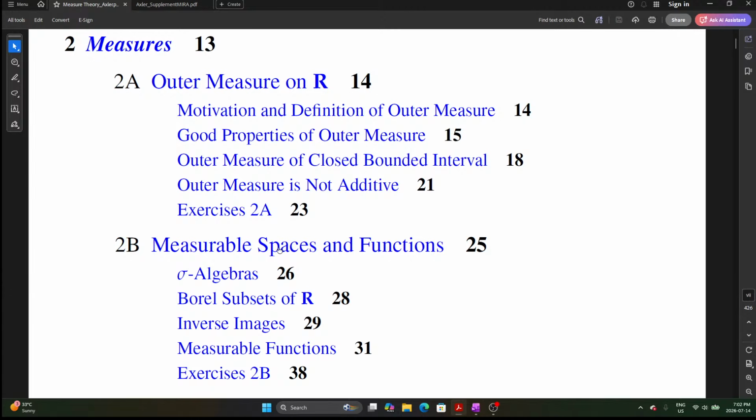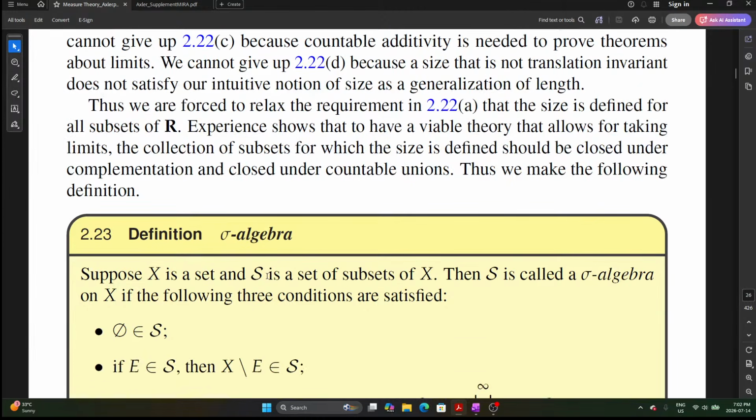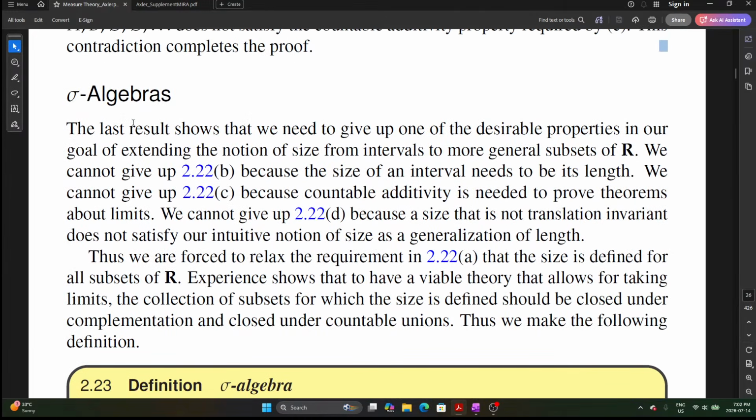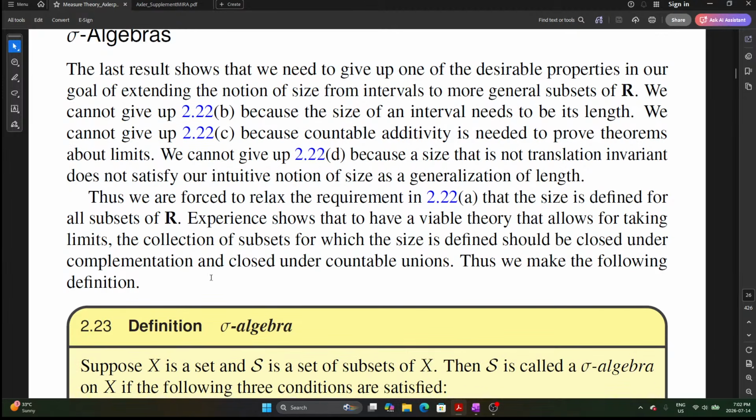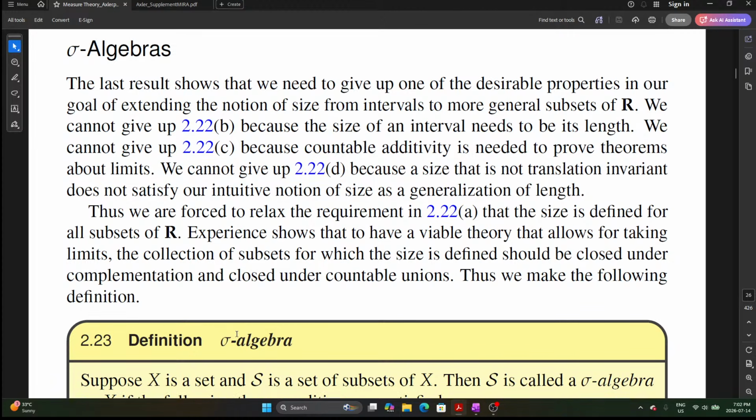So let's see the notion of sigma algebra. Let's do a brief recap of why we need sigma algebras and what a sigma algebra is, because we introduced the notion last time. So first of all, a sigma algebra is a collection of subsets.